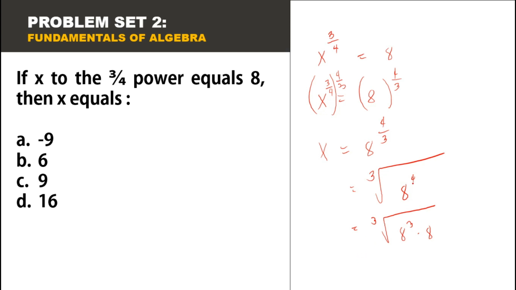The cube root of 8 cubed is, of course, 8. So x equals 8 times the cube root of 8. The cube root of 8 is 2, so this is times 2. So x equals 16.